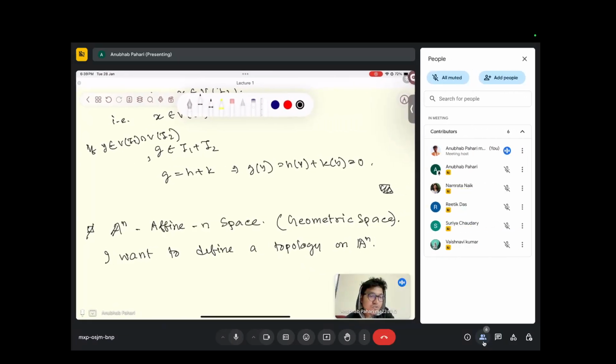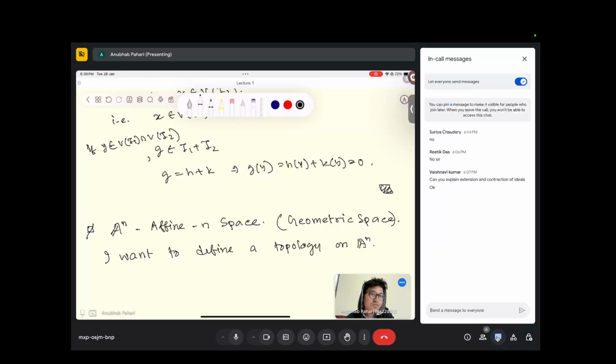Do I need to introduce what a topology on a set is, or are you familiar with the definition? Just yes or no in the chat would be fine. Do you need it?